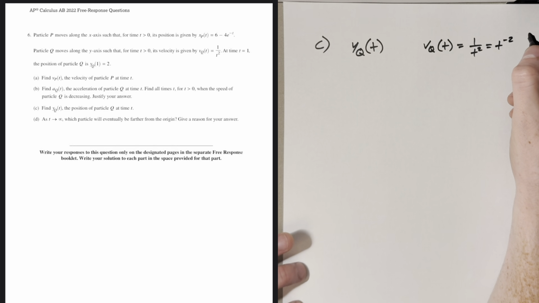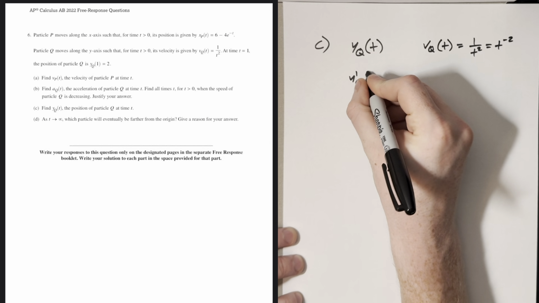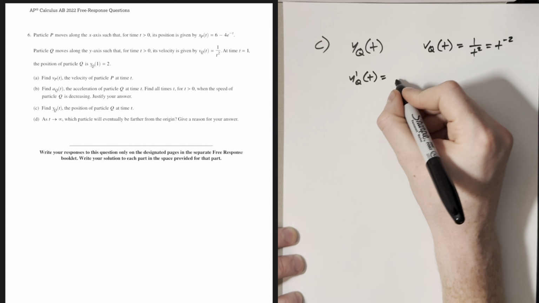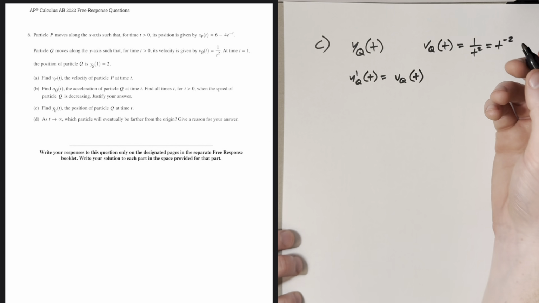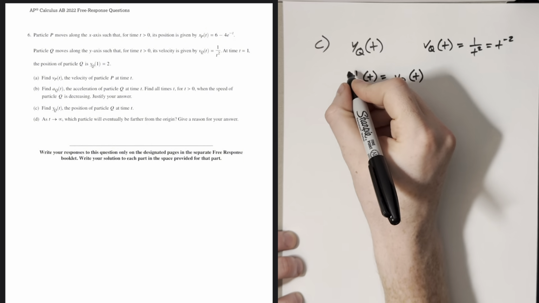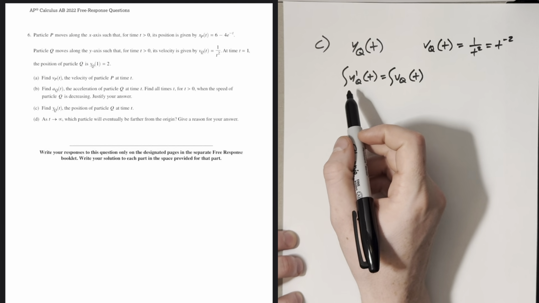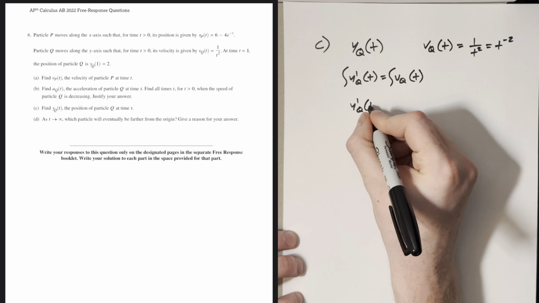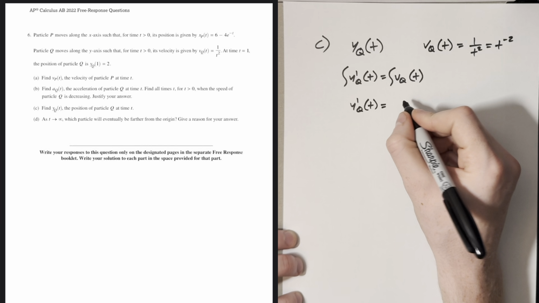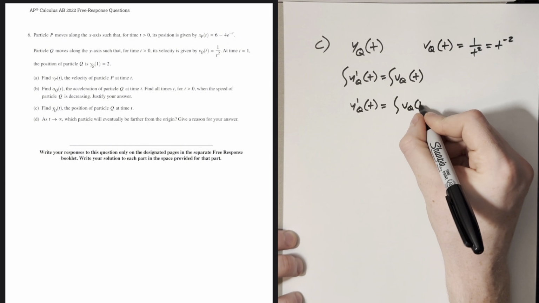Now, how can I find my position function based on that? Well, I know that the derivative of my position function equals my velocity function. So if I take the integral of both sides, the left side should give me my position function, and that should equal just the integral of my velocity function.